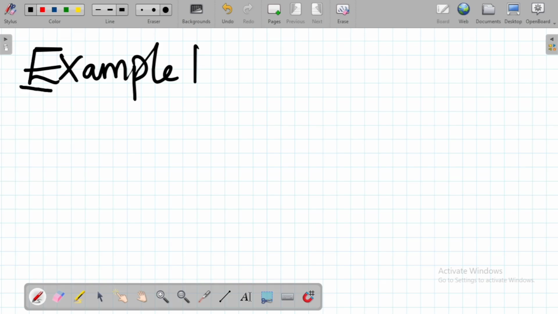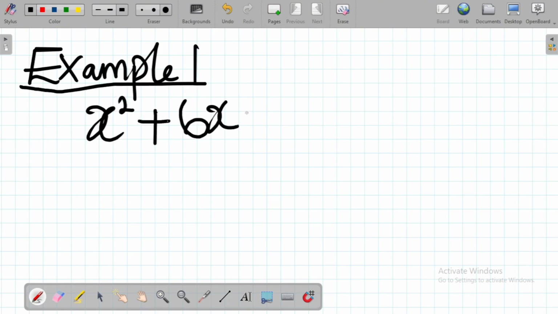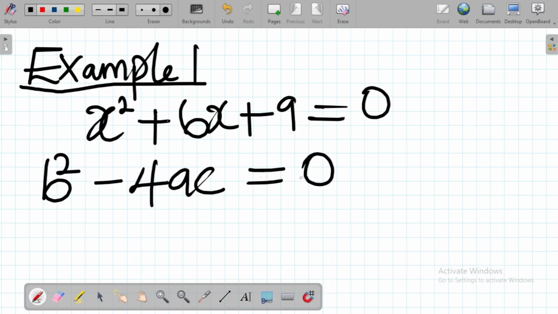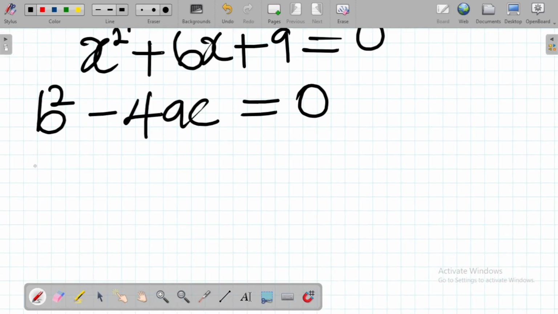Example 1. Solve x squared plus 6x plus 9 equal to 0. Now let's find the roots of this quadratic equation. Remember, b squared minus 4ac is equal to 0, where a is the coefficient of x squared, and the coefficient of x squared here is 1.